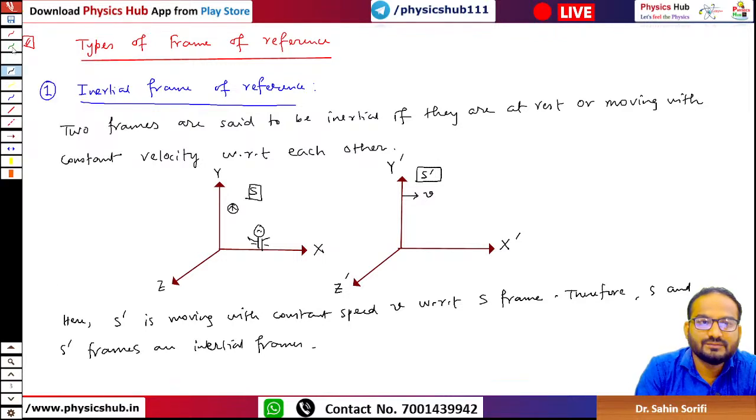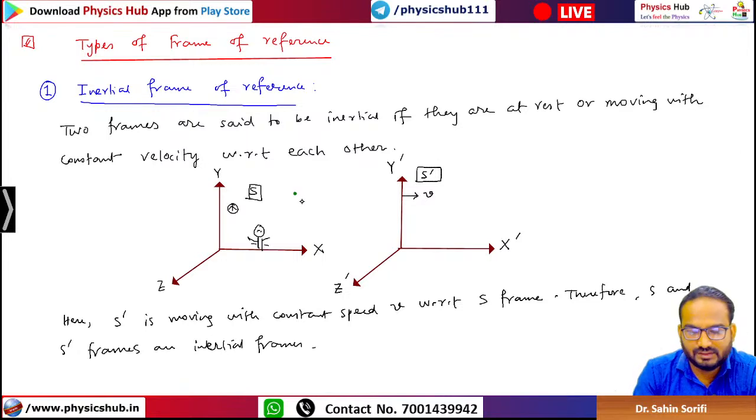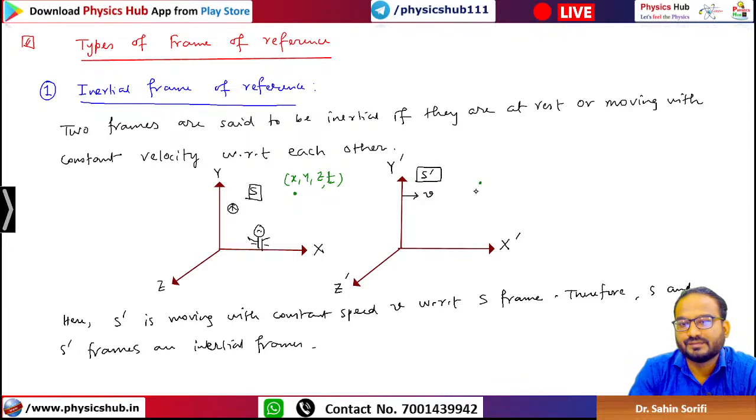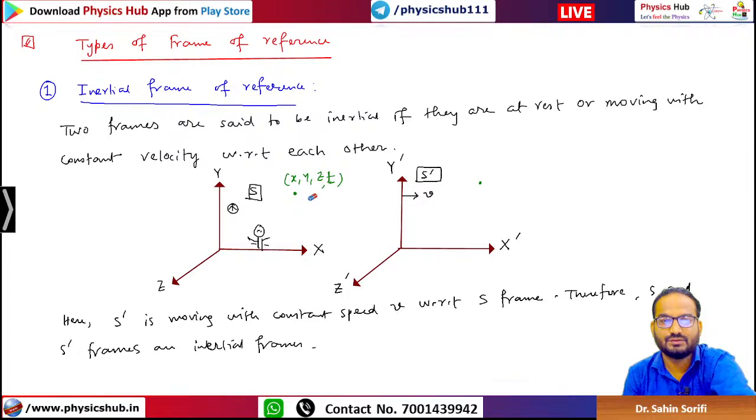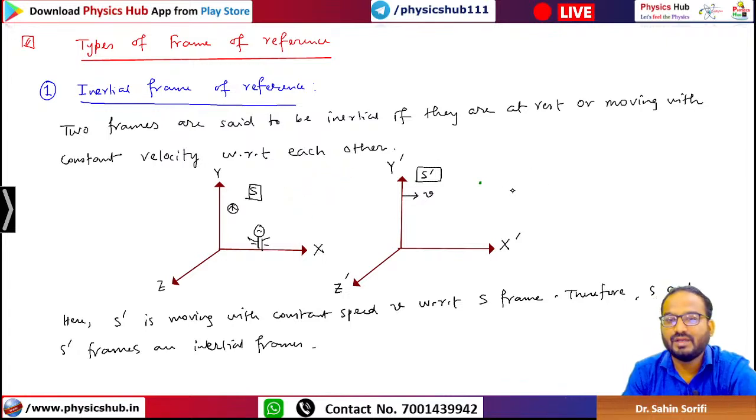Whenever you want to define any point or any event in the S frame, it will be denoted by x, y, z, and if I take a time coordinate also, x, y, z, t. We are looking at the same point. You have an event here. Now a person is standing in the S frame and another person is standing on the S prime frame.